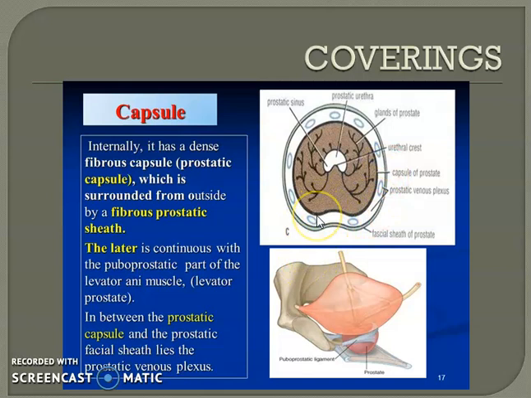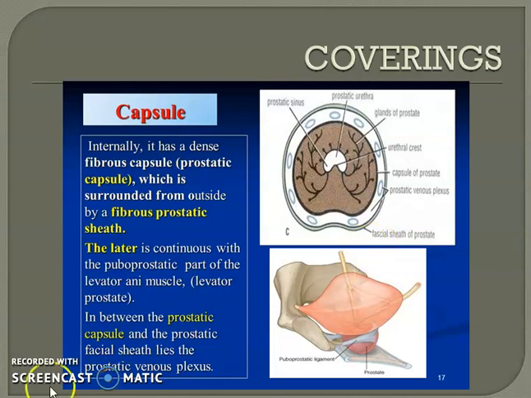The true capsule invests the entire organ and is formed by the fibrous stroma of the gland, whereas the false capsule is formed from the fascial sheath of the prostate and is derived from the visceral layer of the pelvic fascia which envelops the prostate and the bladder in the same compartment. So the false capsule covers the prostate and bladder.